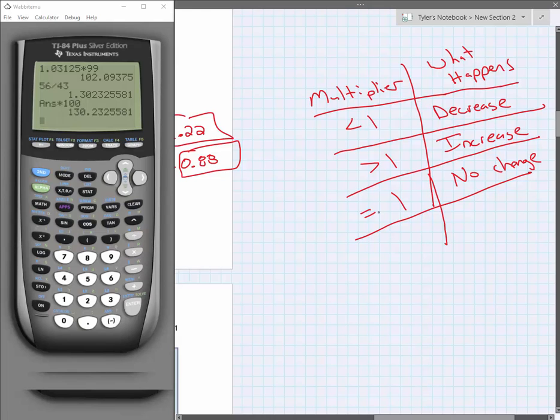If I take any number times 1, I just get itself back. So if my multiplier is just 1, that means I didn't have a percent change. You can think about it as 1 written as 1 plus 0, and remember, that part is my percent change. So if 1 is my multiplier, then you can easily see that 0 would be the percent change, if you think about that a moment.